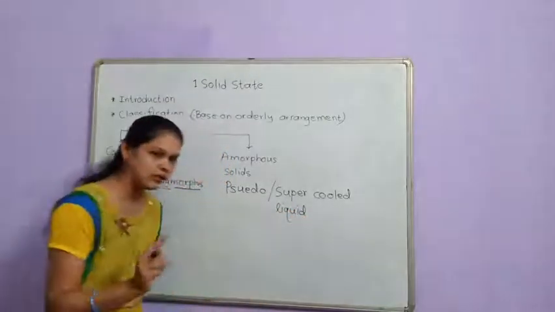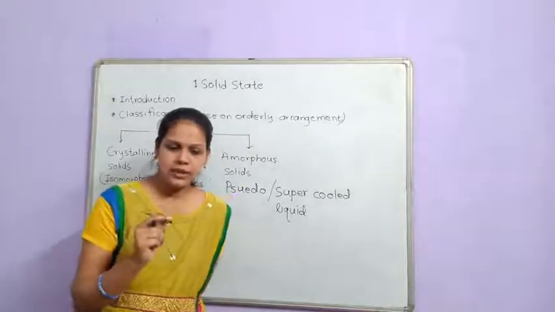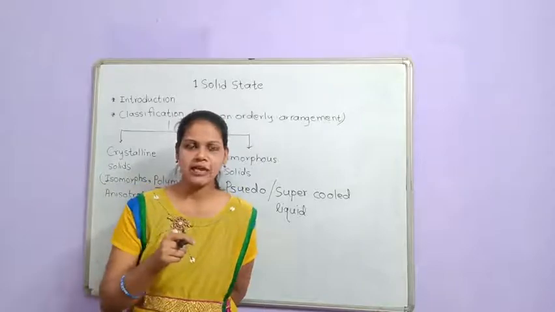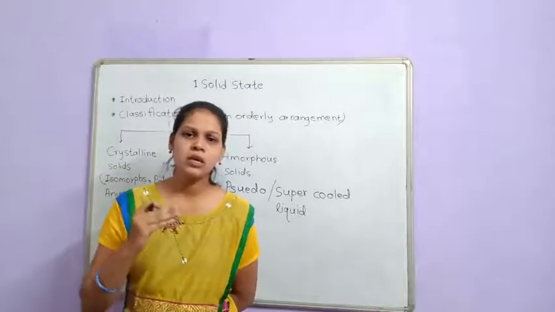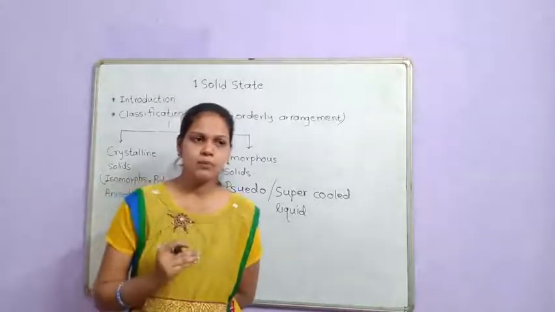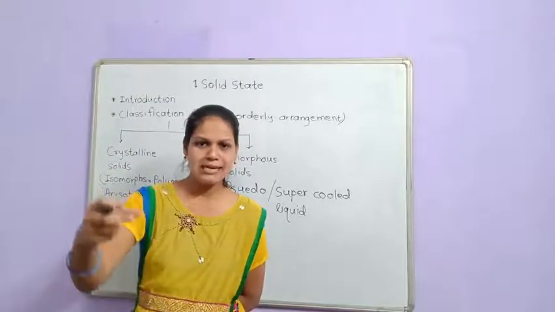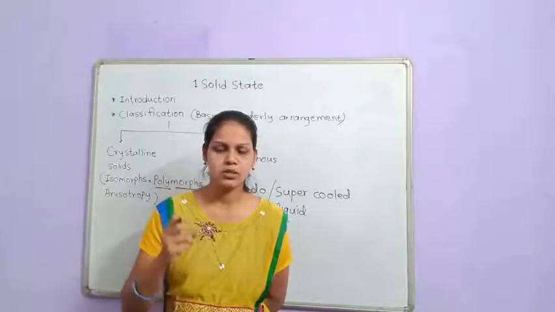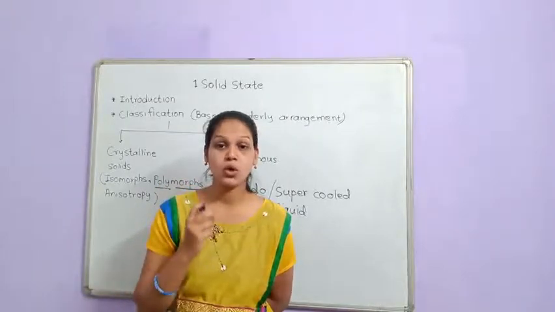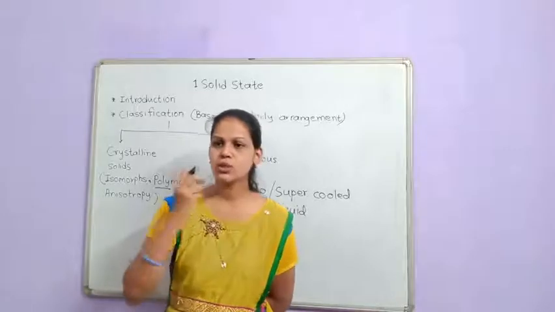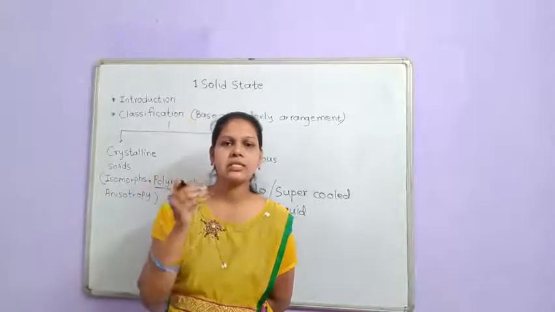As they are supercooled liquids, you will observe a phenomenon: in India, temperature fluctuates in summer, rainy season and winter, and due to this the lower ends of window panes, of glass doors or glass windows, become slightly thicker and the upper end slightly thinner.